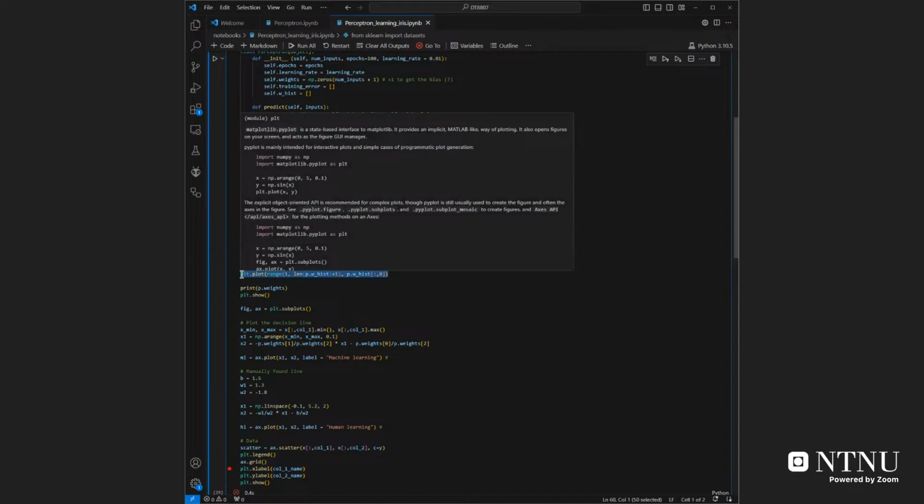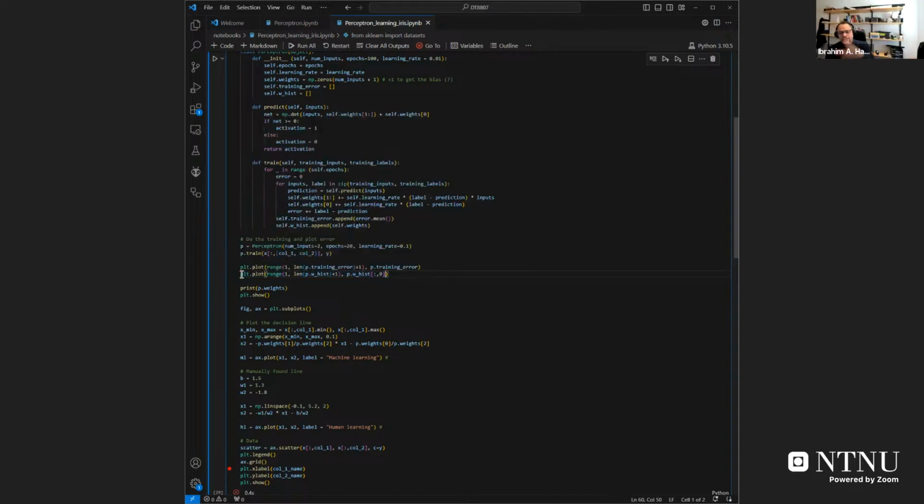Should I do that? Scatter plot? No, it should be just a line, right? It should be a line. This is correct. Adjusted. Because I have all of these different weights in here now, I guess I'll just select one of the weights. The first one. Yes.